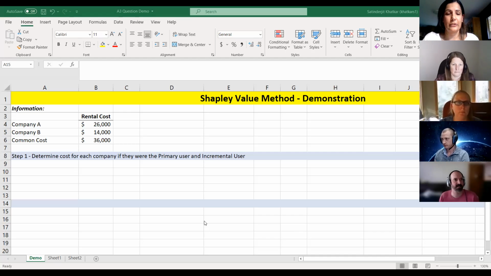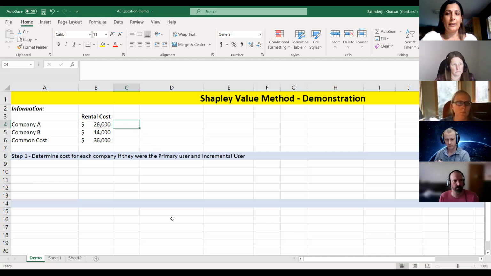I find it easy for students to follow. So what I've done is I've taken the information off the PowerPoint slide and brought it over into Excel. So again, company A is facing a rental cost of $26,000, company B of $14,000, or they can do it for $36,000. So this is quite a simple method, two steps involved.